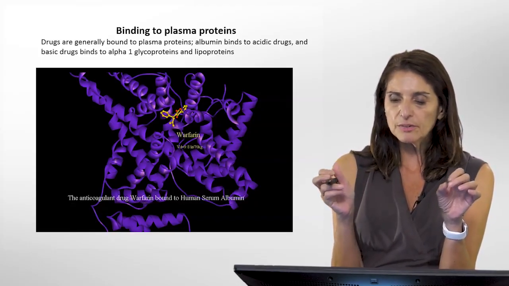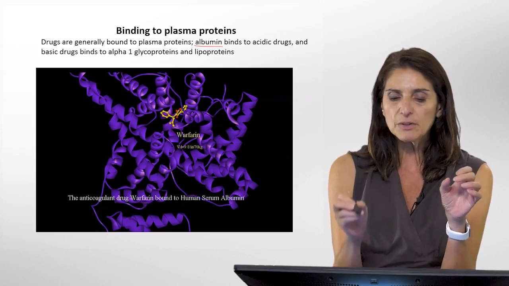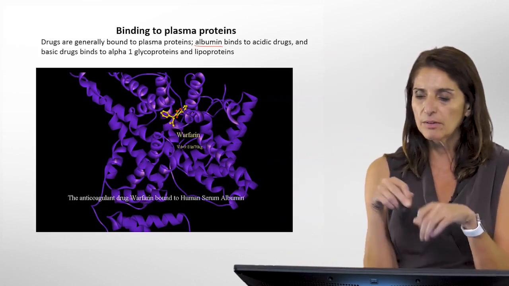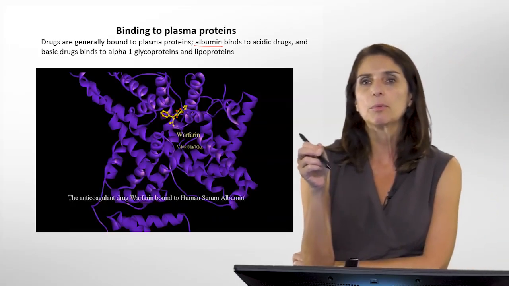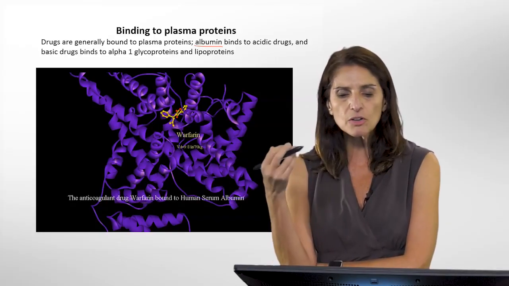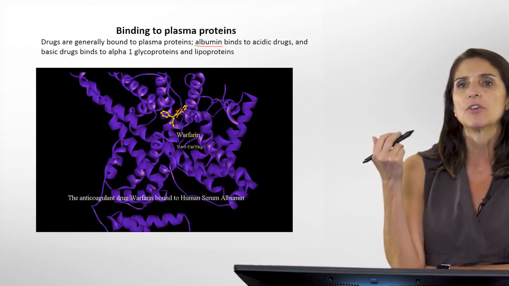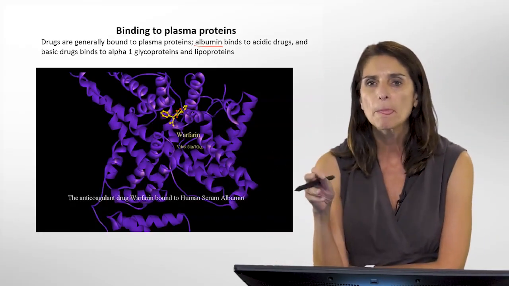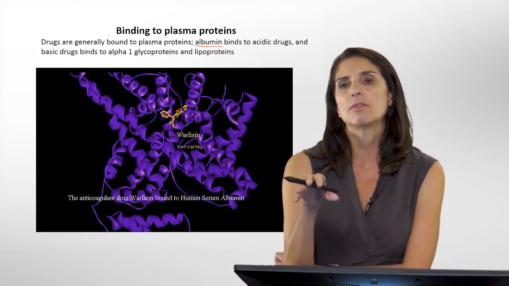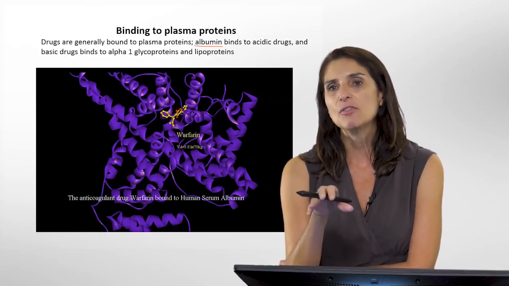Several of these proteins, we have albumin, serum albumin, and other glycoproteins and lipoproteins that are in charge of distributing compounds such as hormones throughout the body. These are also the target of binding for many drugs.